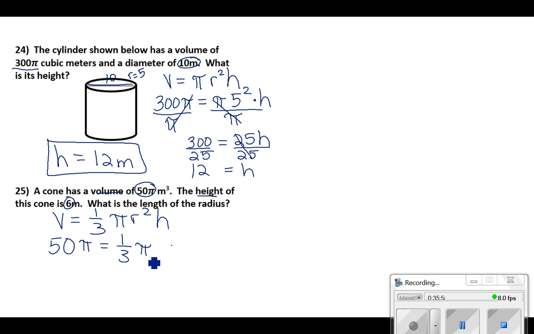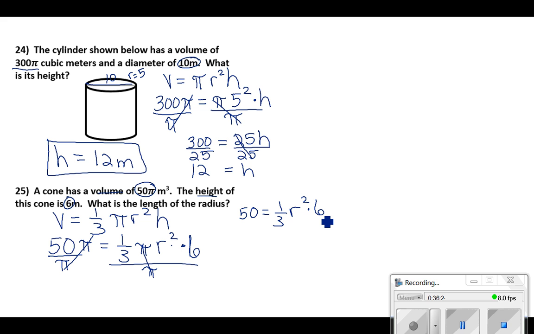Bring down the rest. The radius we do not know, but the height we do. So times 6. Again, I'm going to start by dividing both sides by pi. I'm going to come over here, so I have 50 equals 1/3 r squared times 6.